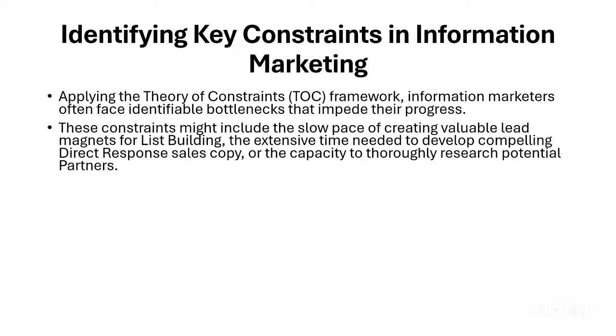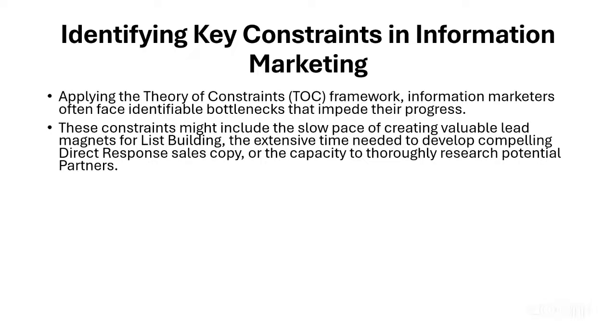You might be constrained in terms of developing lead magnets. So in other words, you can't develop the right lead magnet to build the right kind of list in order to sell what you sell. Or you can't figure out exactly how to use direct response. Most of us sell with a headline. We sell with empathy.